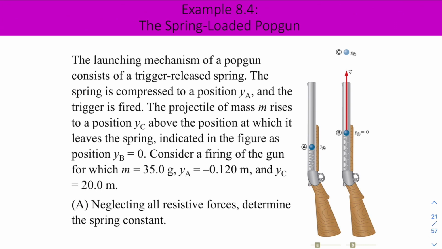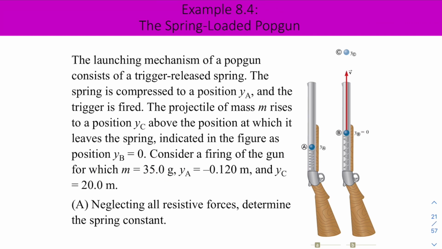Example 8.4, the spring-loaded pop gun. The launching mechanism of a pop gun consists of a trigger release spring. The spring is compressed to a position y_A and the trigger is fired. The projectile of mass m rises to a position y_C above the position at which it leaves the spring, indicated in the figure as position y_B equivalent to 0.